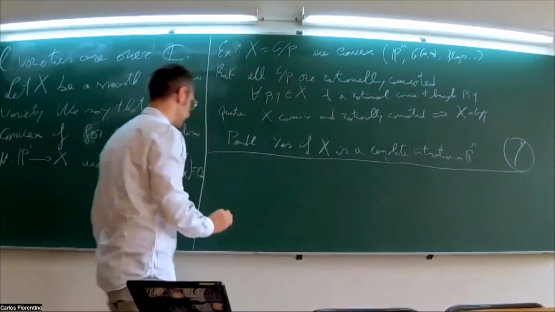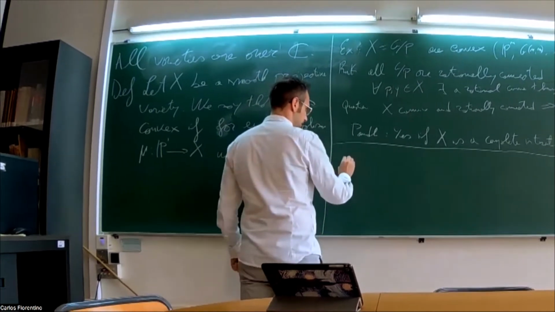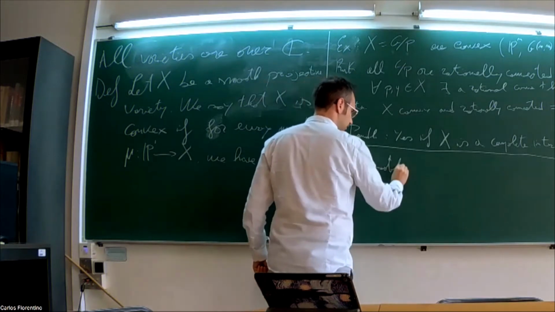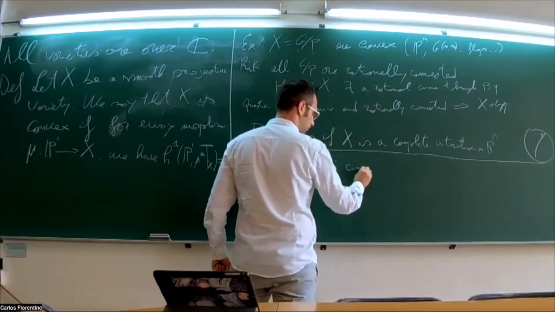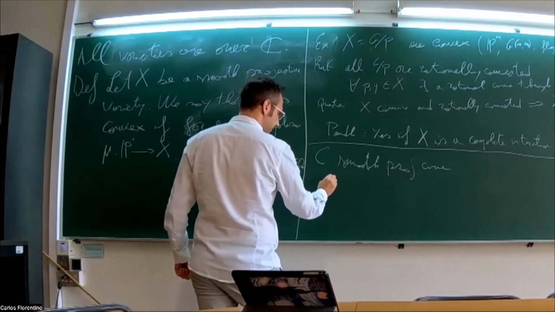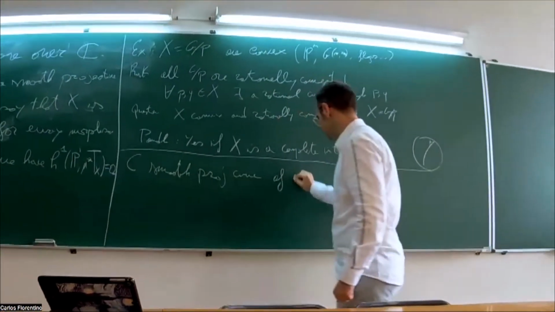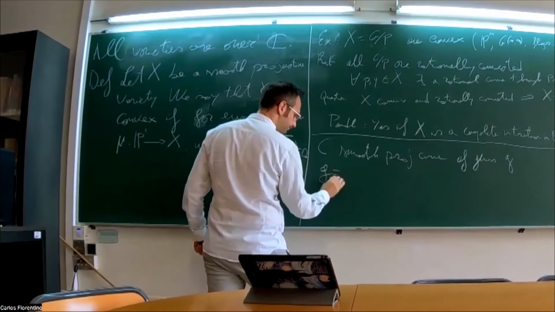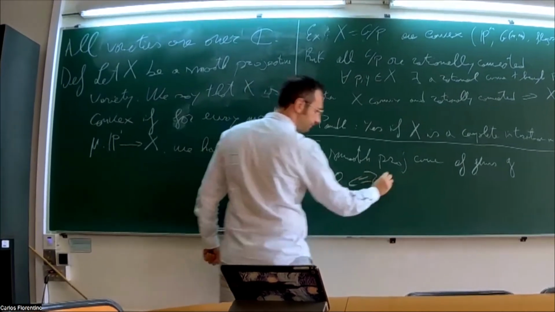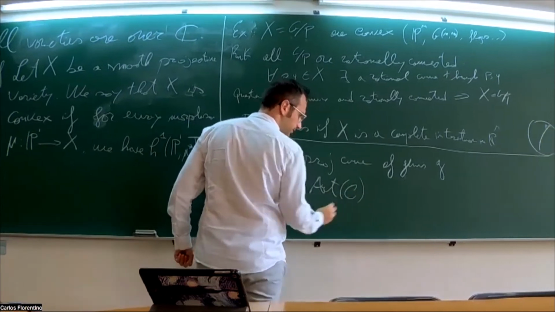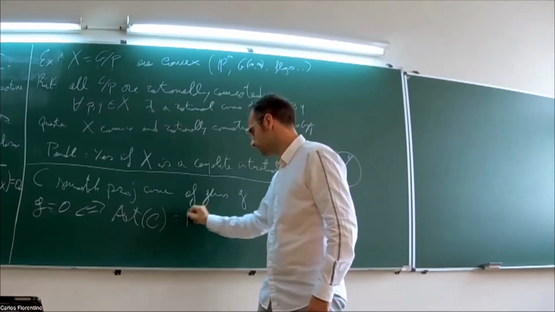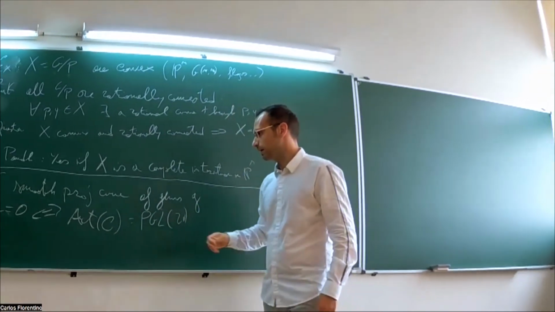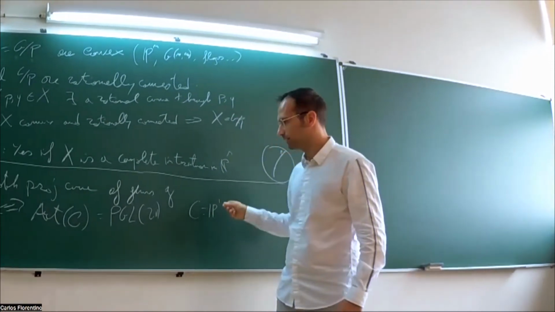Just to recall to you that if C is a smooth projective curve of genus g, g is zero if and only if the automorphism group of C is three-dimensional, in particular PGL 2, basically because C is P1 in this case.